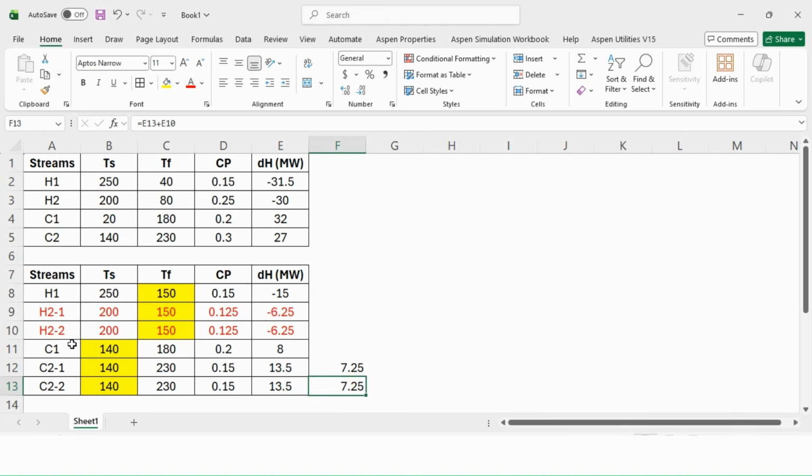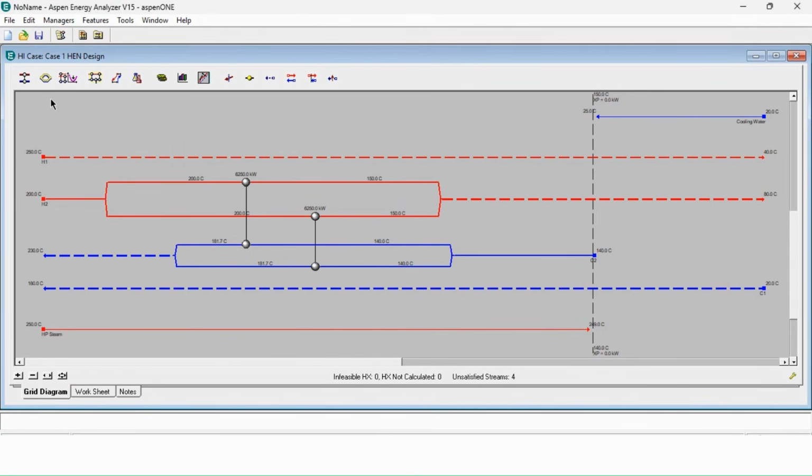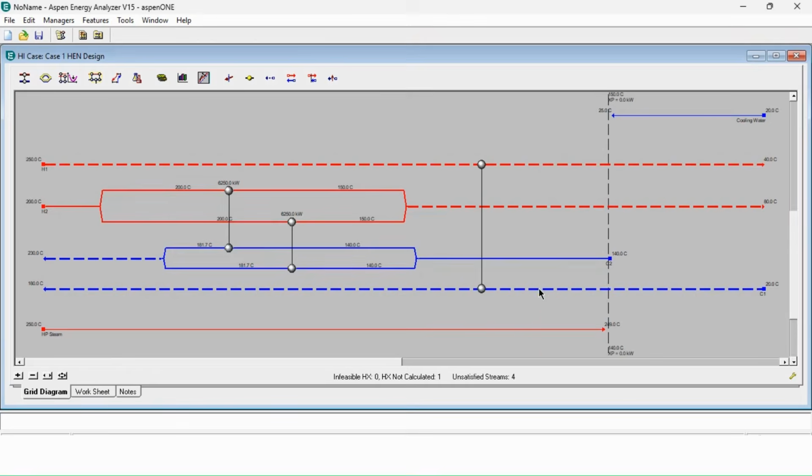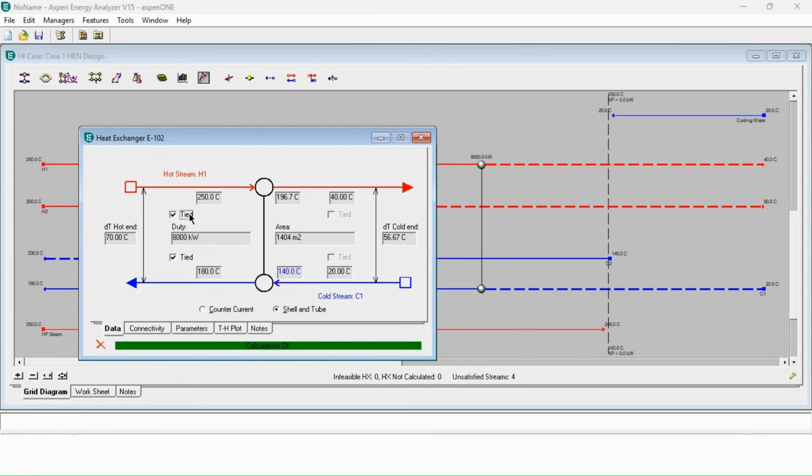H1 can transfer heat with C1, but obviously it will have to go with C2 as well. So we need to do the connection between H1 and C1 first to eliminate C1 from the system. It goes from 140 to 180 degrees centigrade, and the starting temperature is 250 degrees centigrade while the ending temperature is 196.7 degrees centigrade, still above the system.